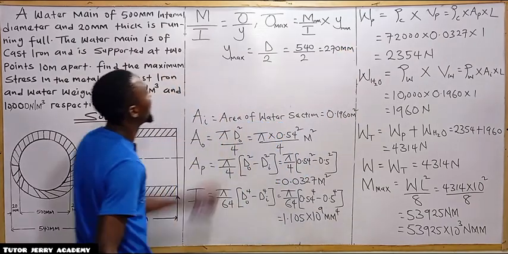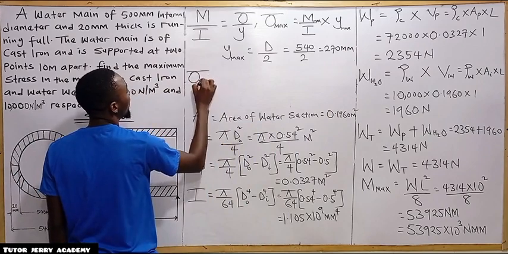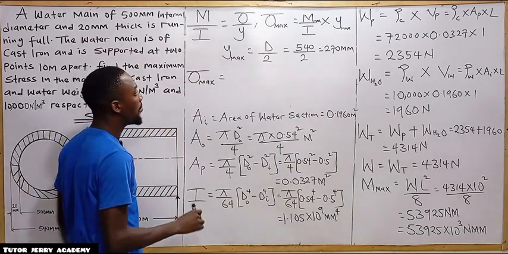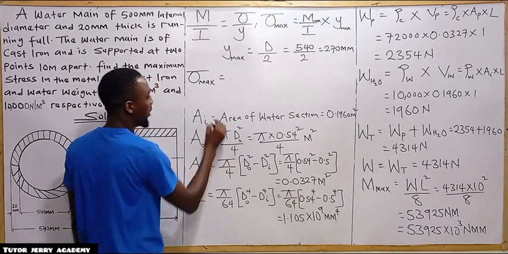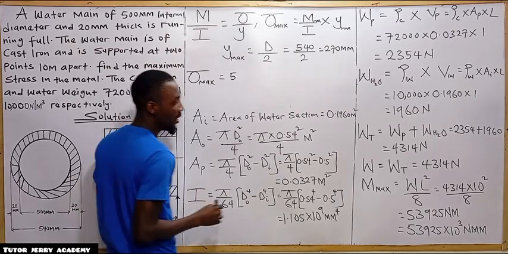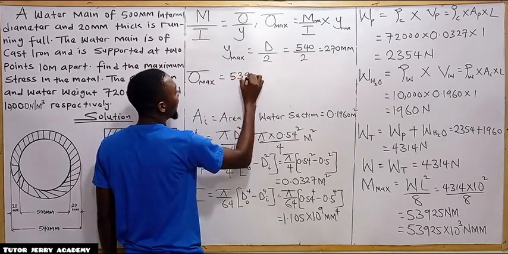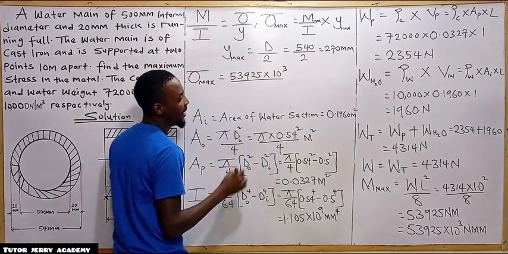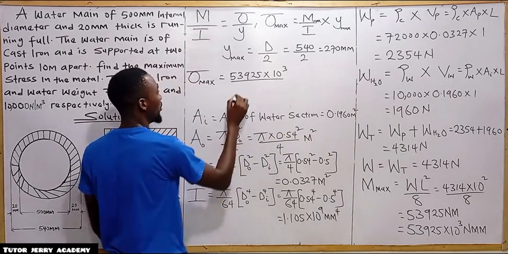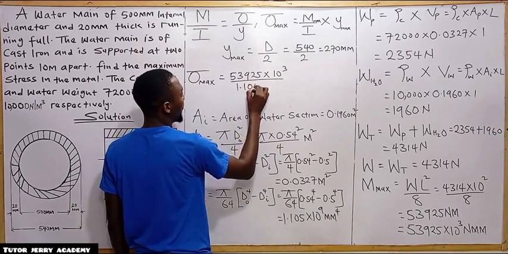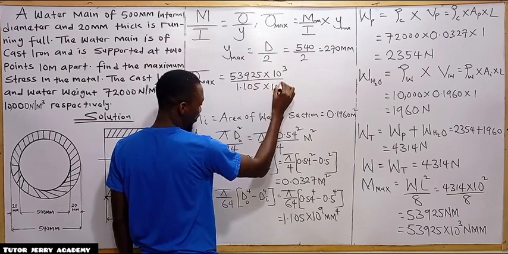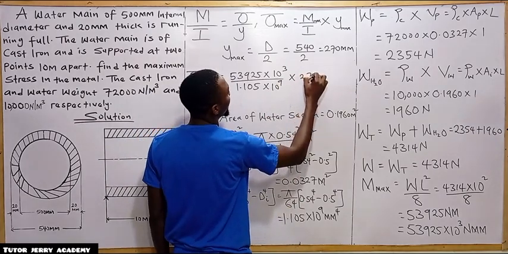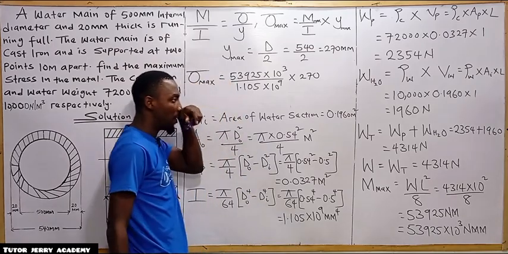All right. So now let's calculate our maximum stress. Which is maximum bending moment, 53,925 times 10 to the power of 3, divided by I, that is the moment of inertia, which is 1.105 times 10 to the power of 9, then times our Y max, which is 270.